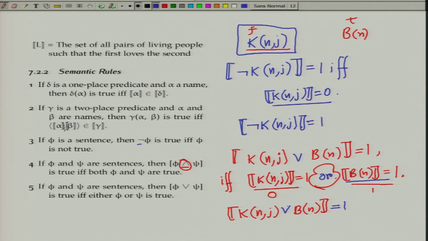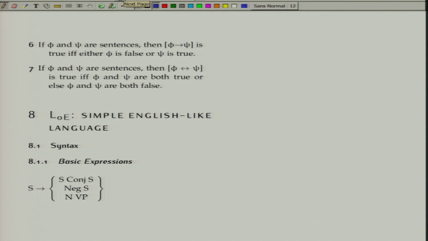In the next session we will determine the truth values of if then and if and only if, and then we will go to the next language, that is English, the natural counterpart of the formal language we have already discussed.